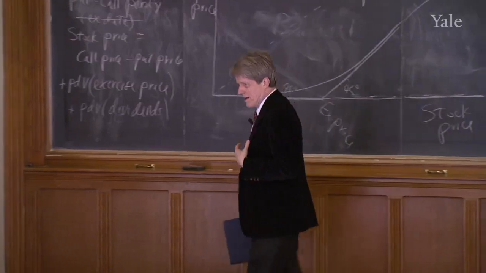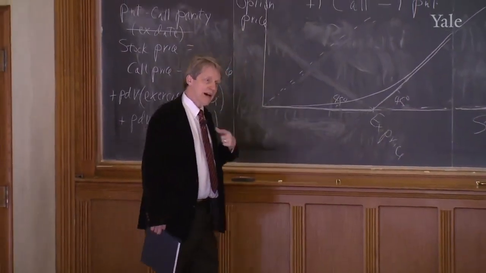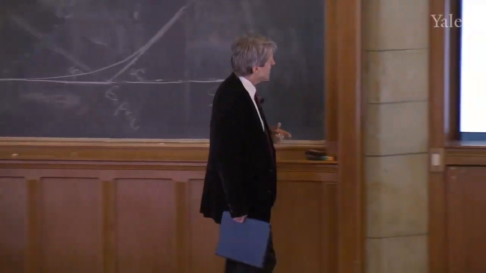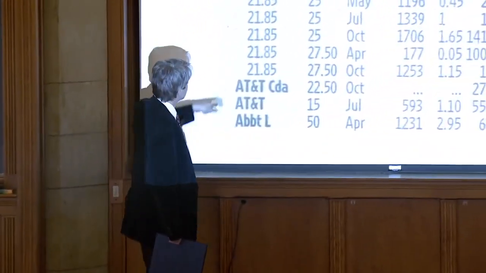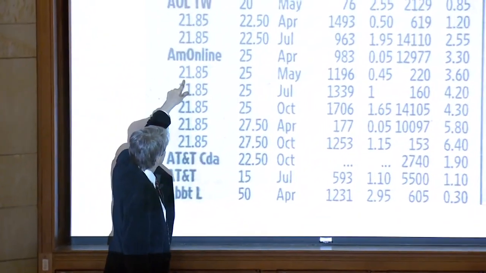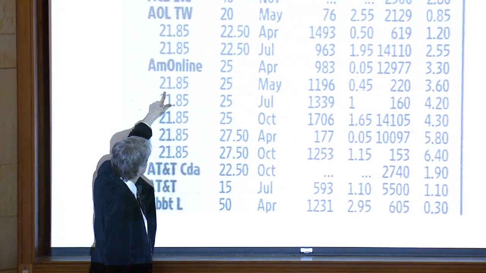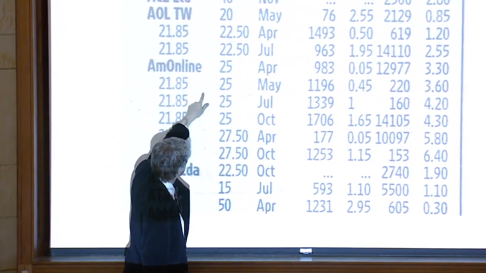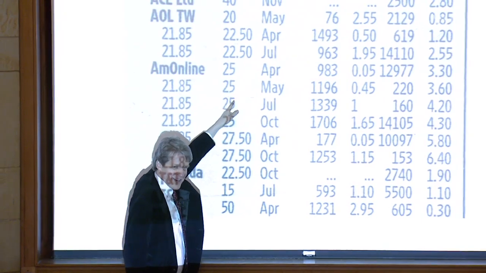So think of it this way. Suppose an option is out of the money today. This is, for a call, out of the money, right? Because the stock price is $21.85, but I've got an option to buy it for $25.